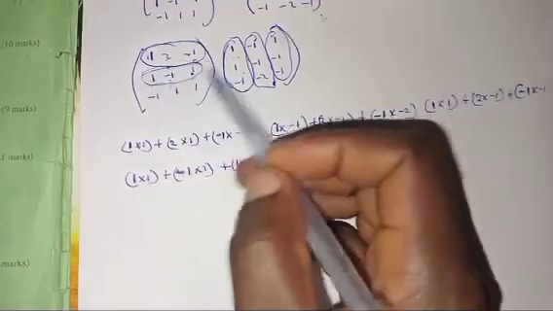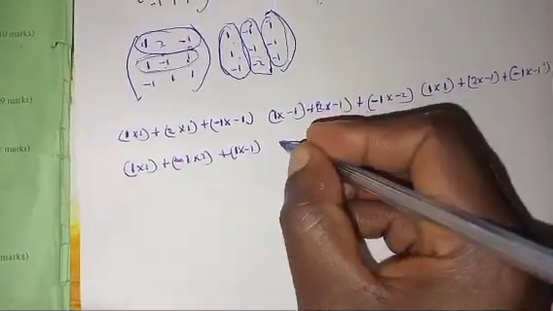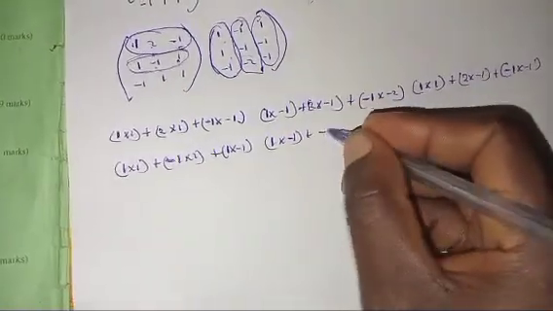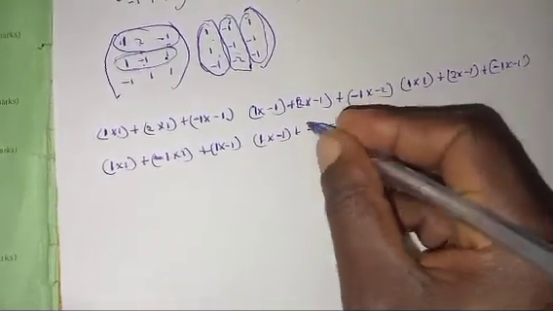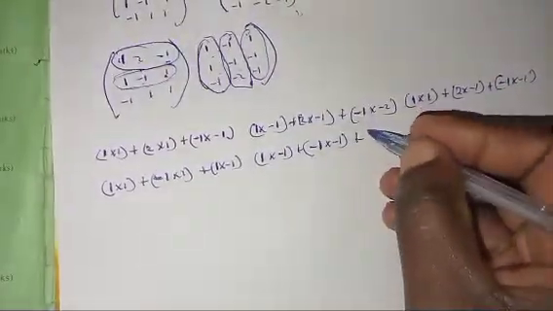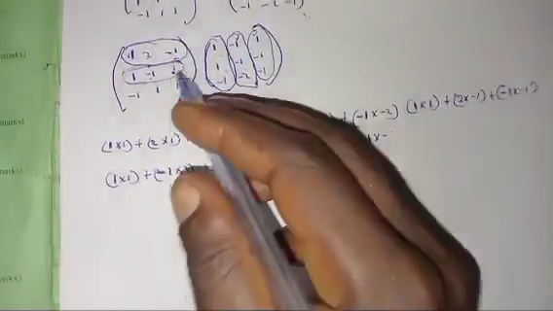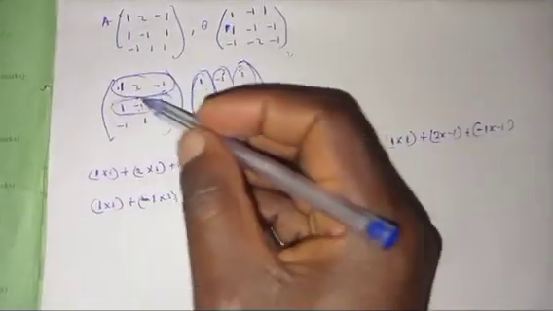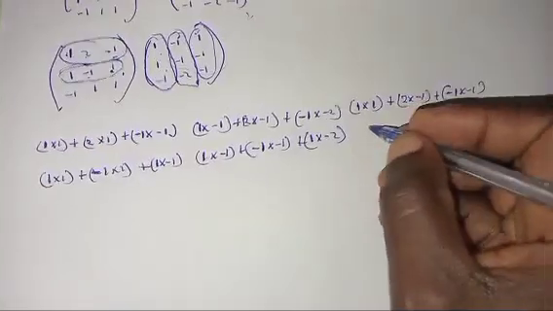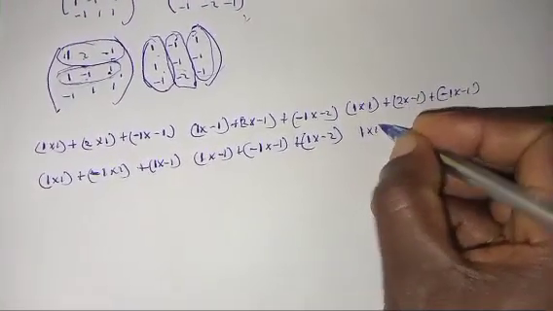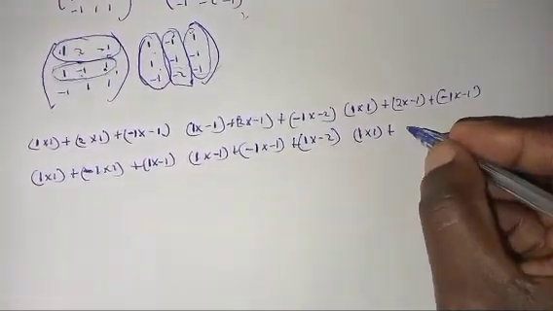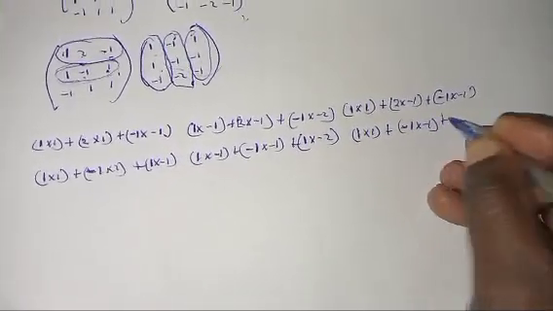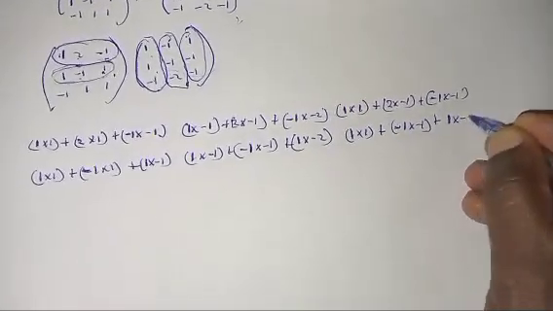Go to the middle, this times this again: 1 times negative 1 plus negative 1 times negative 1 plus 1 times negative 1 times negative 2. Here, this and this, the last one: 1 times 1 plus negative 1 times negative 1 plus 1 times negative 1.